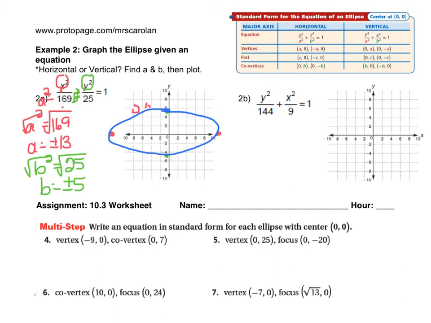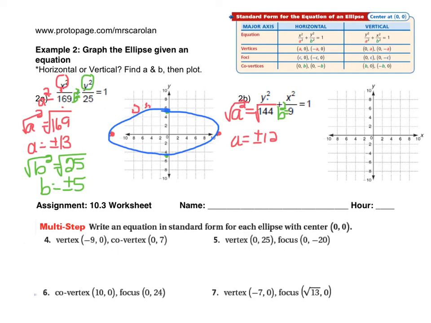Alright, now for 2b. Now the y squared is first, so we have a squared underneath that, and we have the b squared right here. And now we just need to solve. If we square root and square root, we get a equals plus or minus 12.